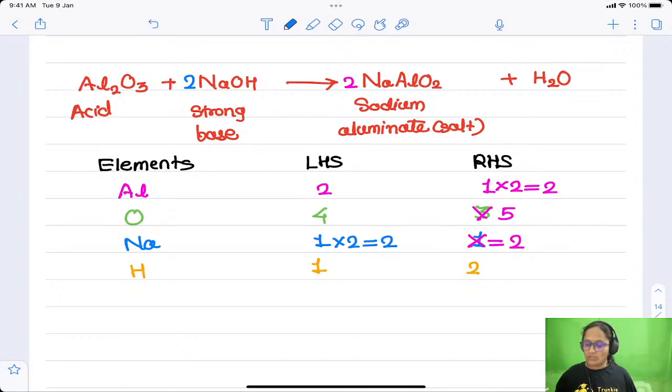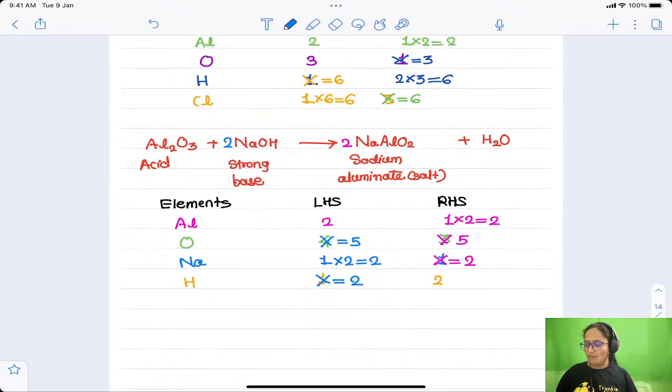Oxygen previously was 4 on the left hand side, now it has changed to 3 plus 2, that is 5. So oxygen is also balanced. Hydrogen previously was 1 on the left hand side, but now changed to 2. Now hydrogen is also balanced. So by only putting 2 for sodium hydroxide and sodium aluminate, this reaction is balanced.